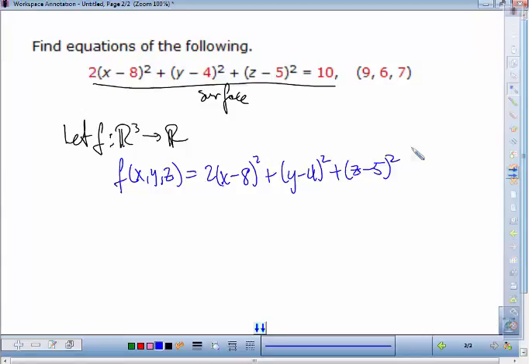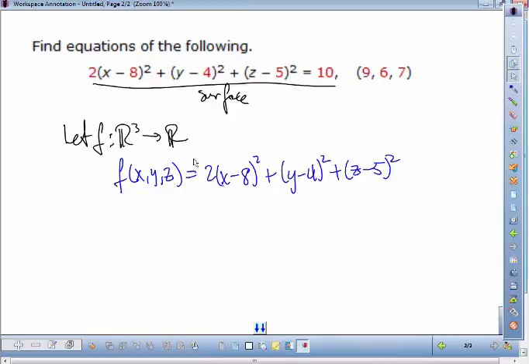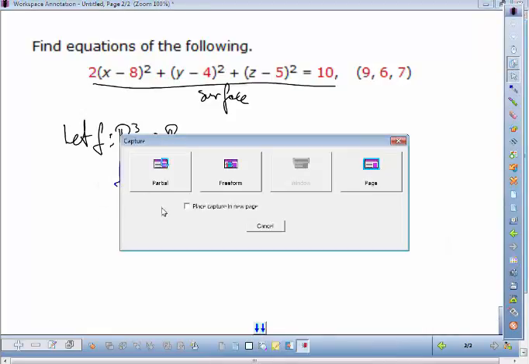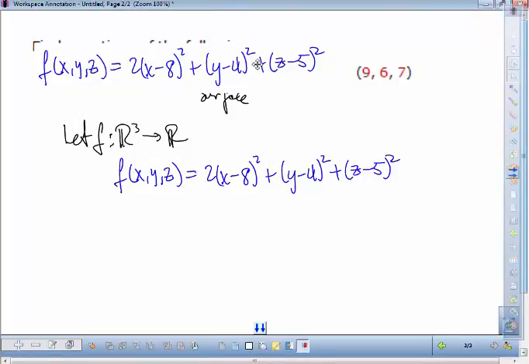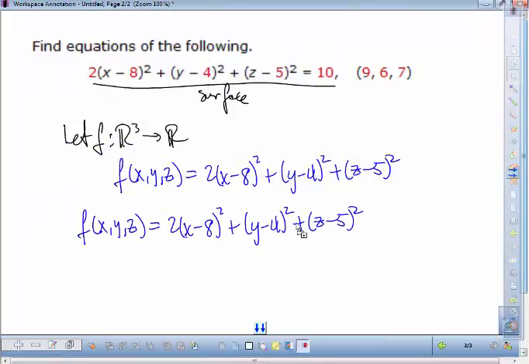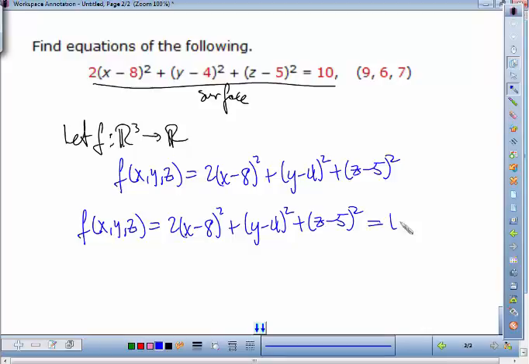Without the equals 10, it's some 4-dimensional object that we can't visualize. But the moment that I say that this is equal to 10, now it becomes a surface.